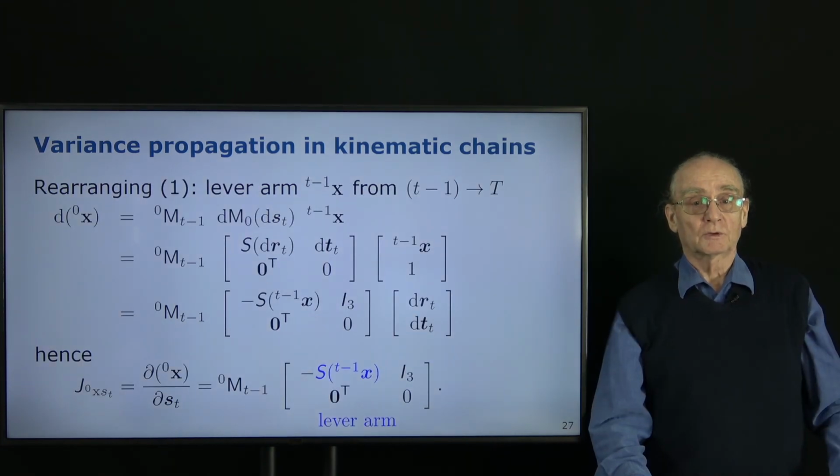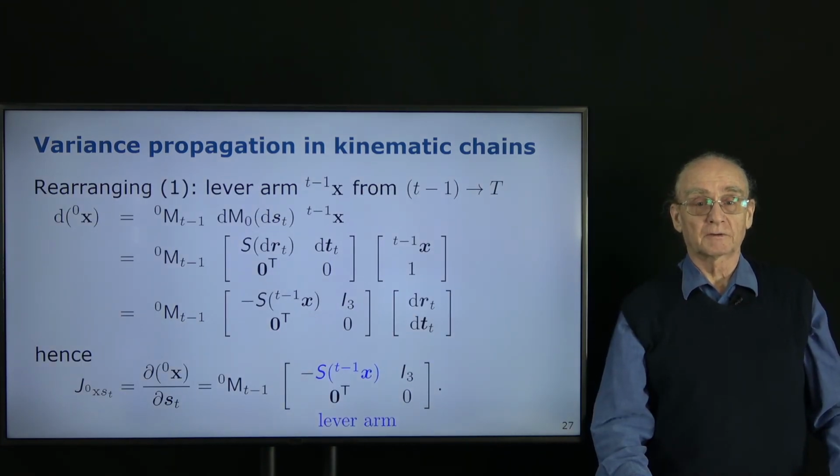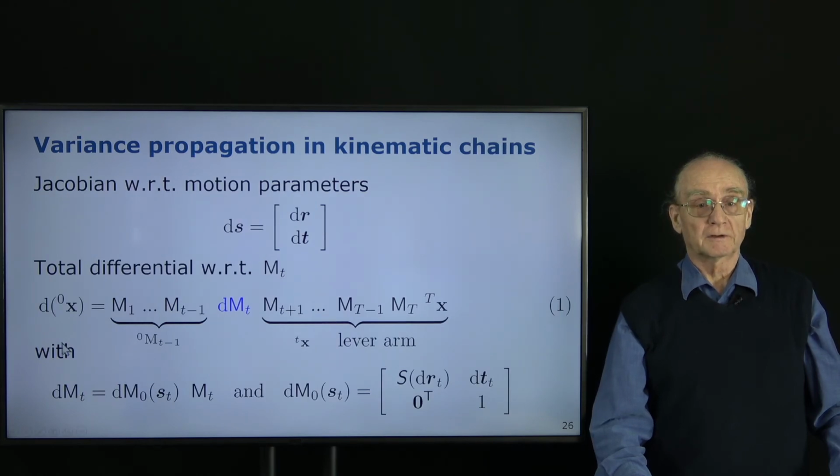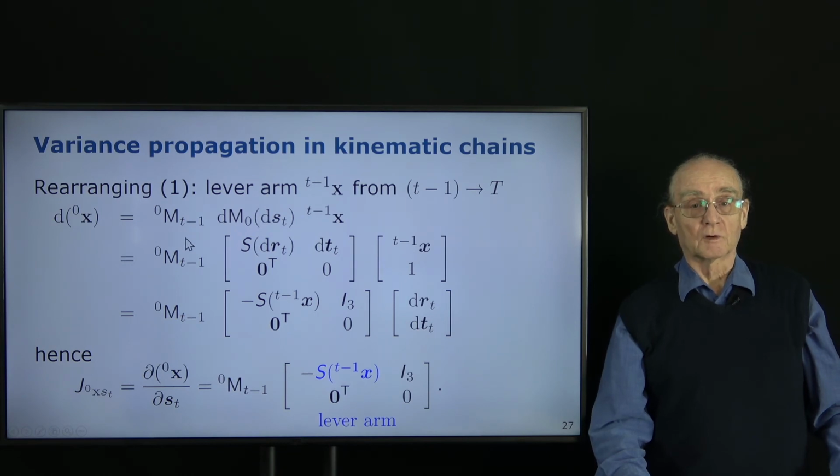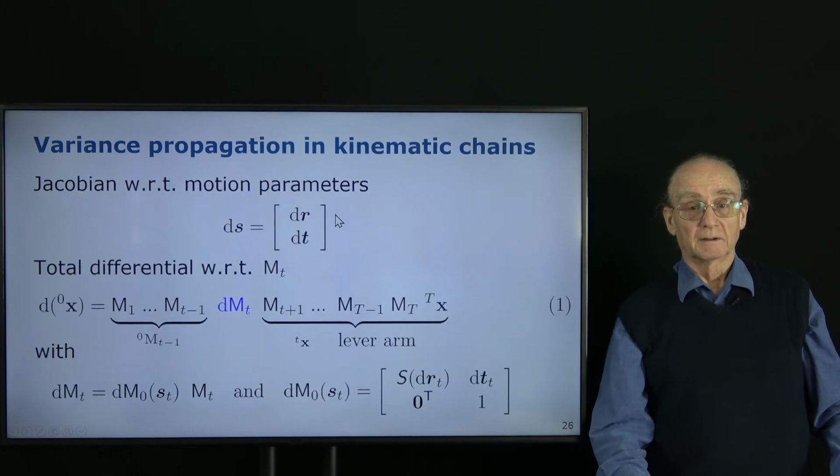Now let's have a look what happens for the total expression. We take the differential of x_0 as the product of the coordinate transformation from t-1 to 0, then the differential at 0 for the small change of the parameters, multiplied with what? Now we have here the x_t, and we have to multiply the whole thing with the coordinate transformation from t to t-1.